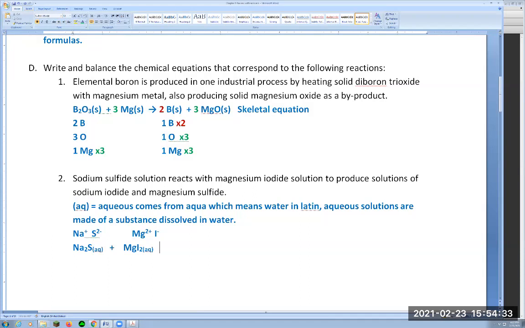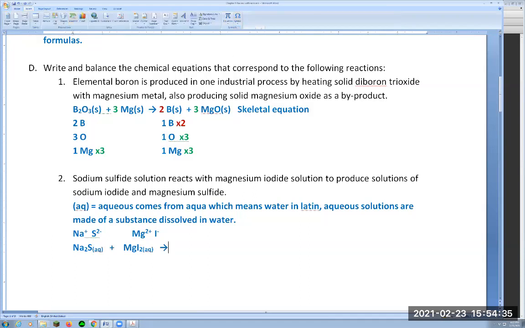Now we need to write the arrow and find the formulas of the products, sodium iodide. So now we have sodium combining with iodine. So let's put them together here. So sodium with iodine. You can see that they each have one charge, one positive, one negative.